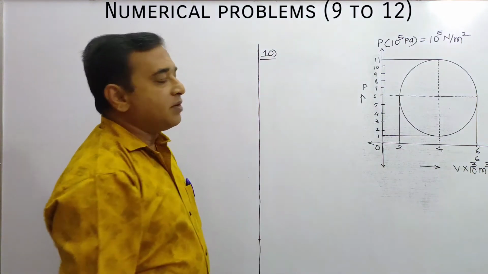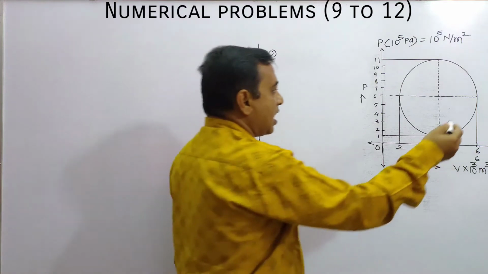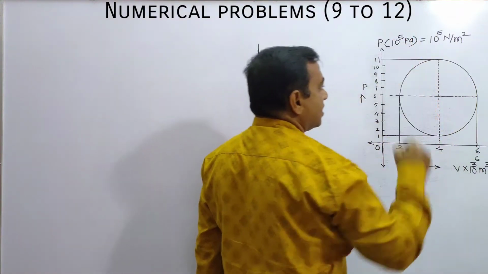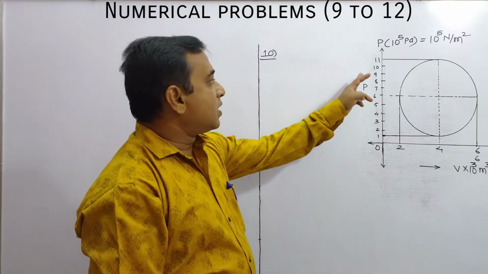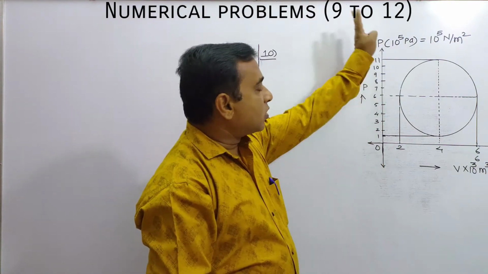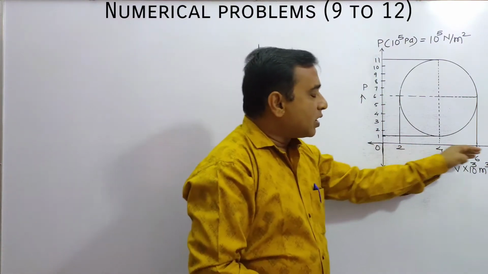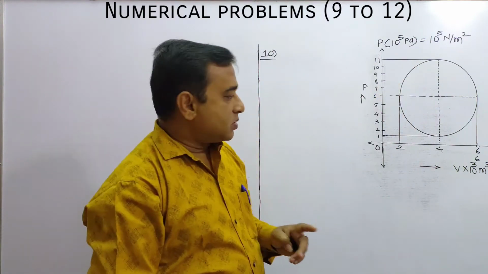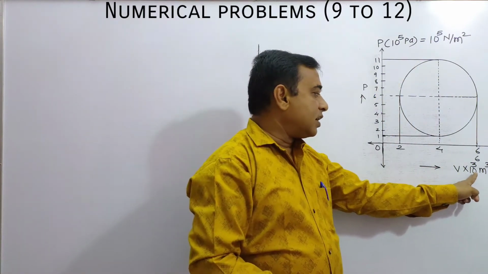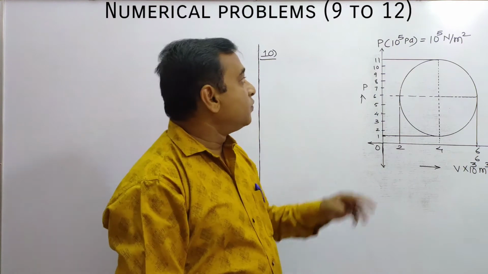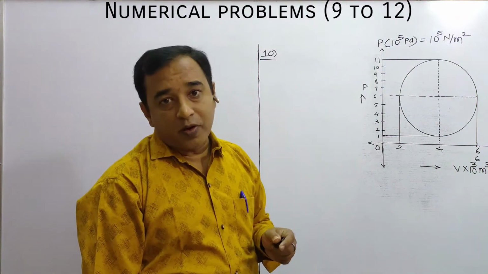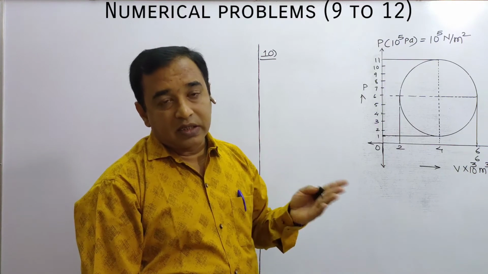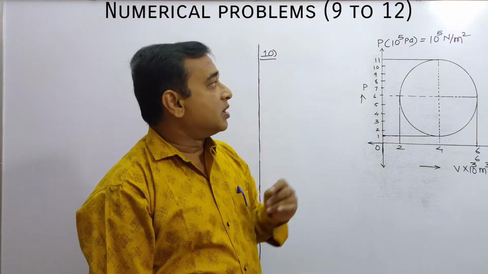So what exactly is given? This is the hypothetical circle, we say. In this one, the pressure is drawn along the y-axis and the volume along the x-axis. Volume is given in 10 raised to power 3 meter cube, whereas the pressure is given in 10 raised to power 5 Pascal, that is Newton per meter square.